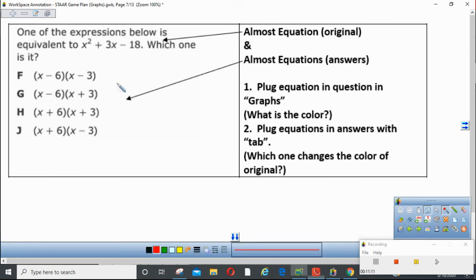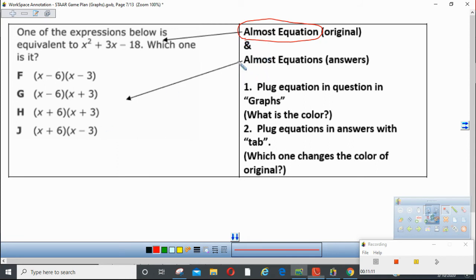So this is interesting. When you think about all the different ways that we saw where we could plug it into graphs, most everything had equal signs. But there was one thing, the very last one, that said no equal sign. Well, this is our no equal sign. I call it an almost equation. It looks like an equation, but it's missing an equal sign.